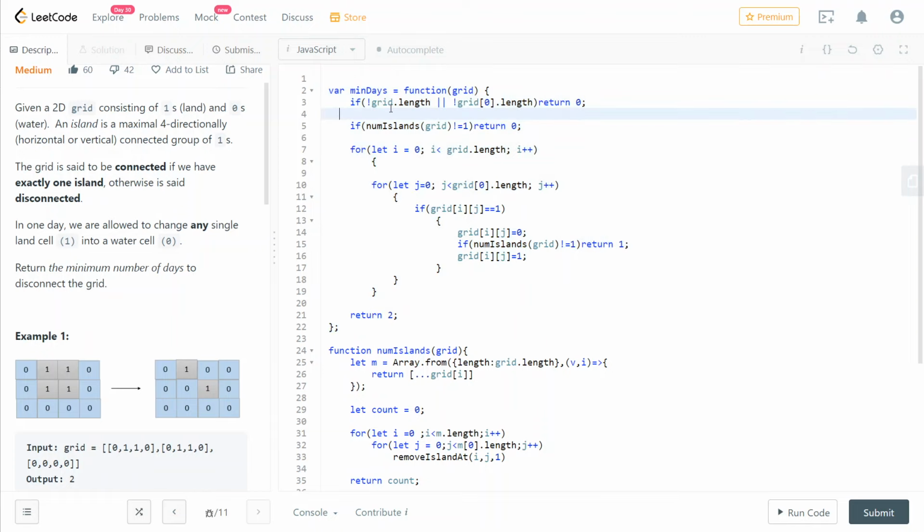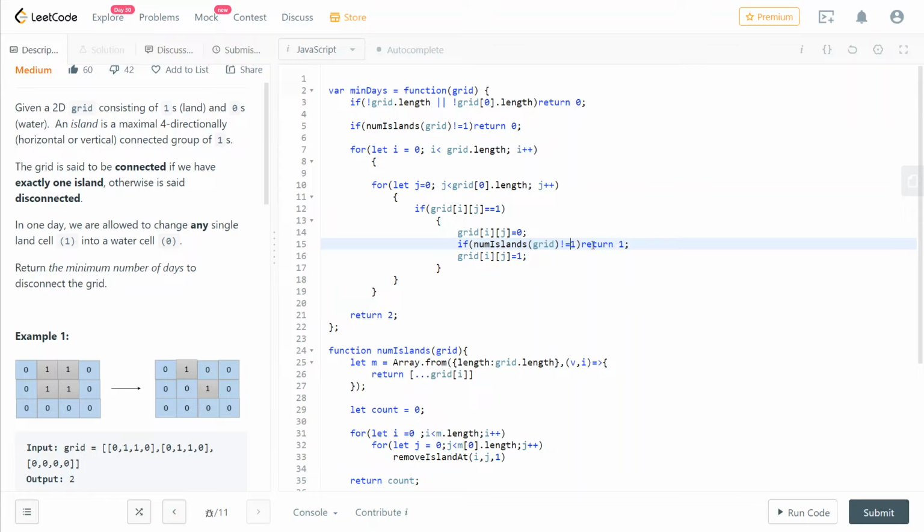So the first thing that we do is we check if it's already disconnected, just return 0, because we don't need to take any days at all, because it's already disconnected. Now what we're going to do next is we're going to go through all of the cells that are representing land, and we're going to make them water and check if now the amount of islands is different than 1.